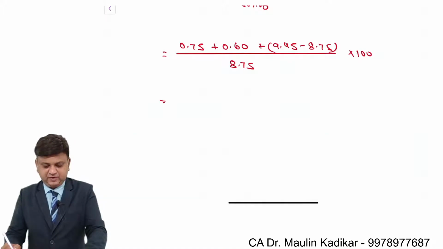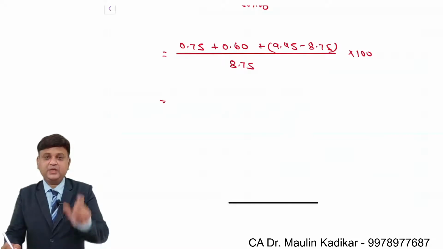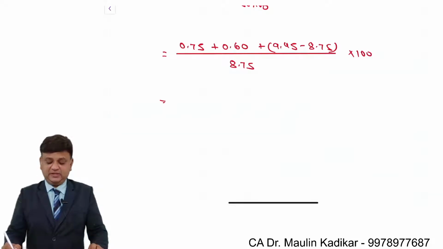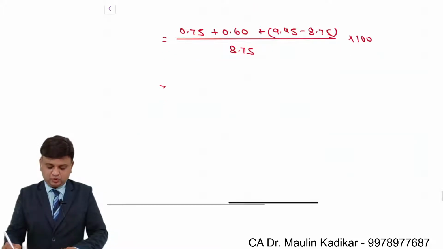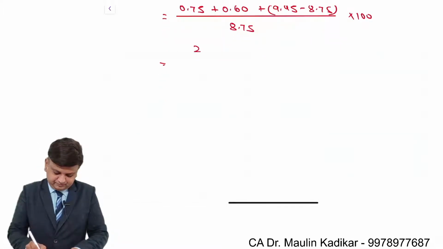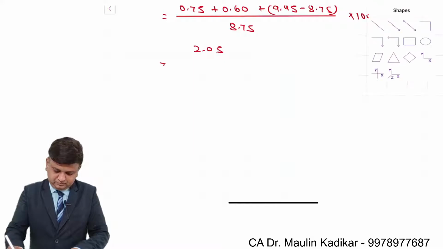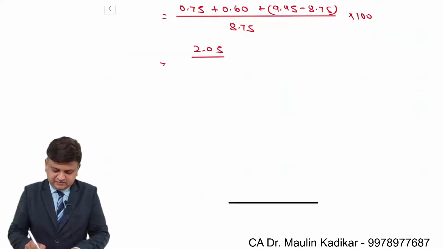So 9.45 minus 8 rupees 75 paise, so the change in the unit value is 70 paise, plus 0.75 plus 0.60. That comes to 2 rupees 5 paise, whole divided by 8.75 into 100.